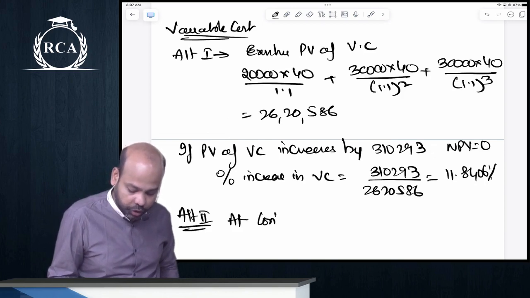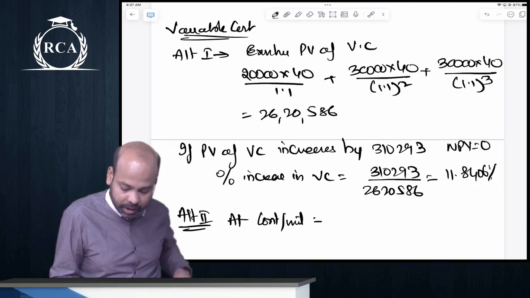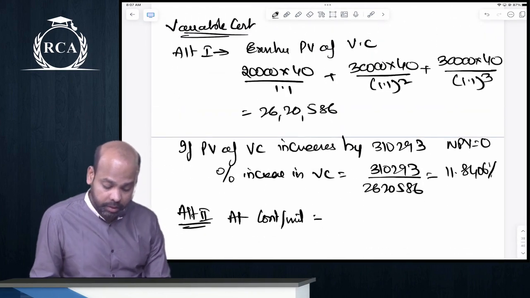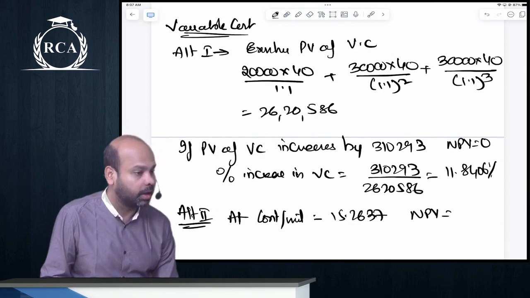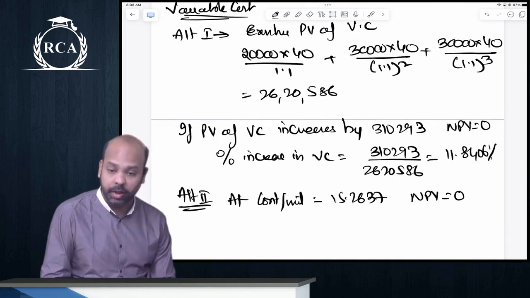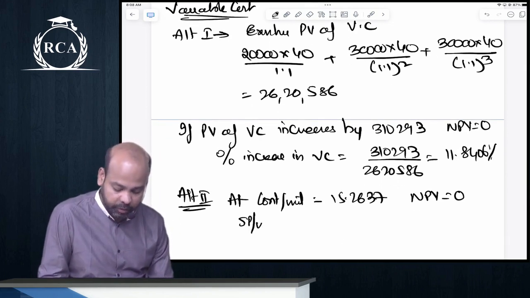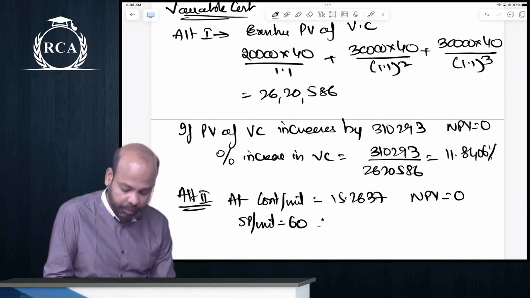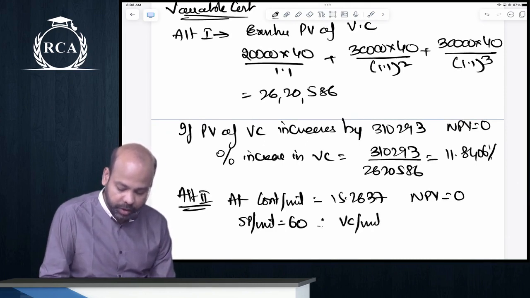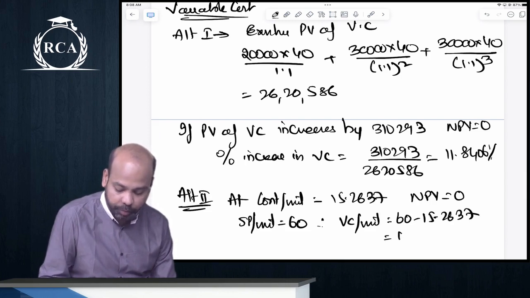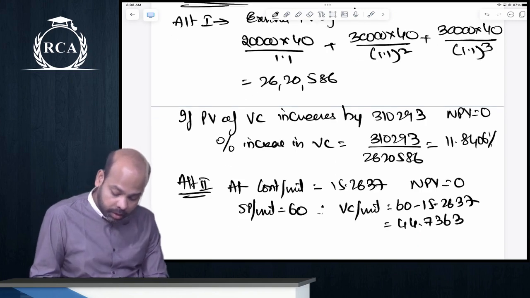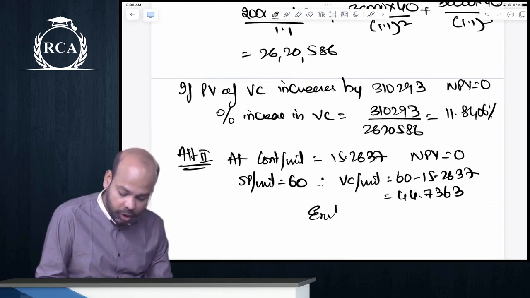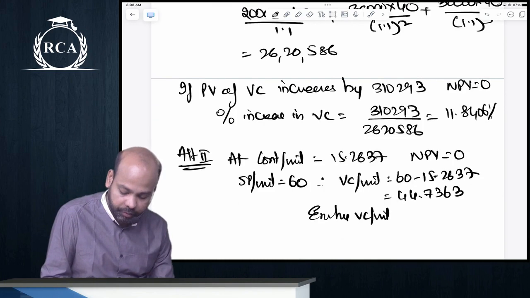Alternative 2, beta. You already know, guys. At contribution per unit of how much, beta, 15.2637, NPV is 0. Yes, because we had already computed that, beta. Selling price per unit you will keep constant at 60 rupees. Therefore variable cost per unit, beta, should be 60 minus 15.2637, 44.7363. So existing variable cost per unit is how much, beta? 40 rupees.